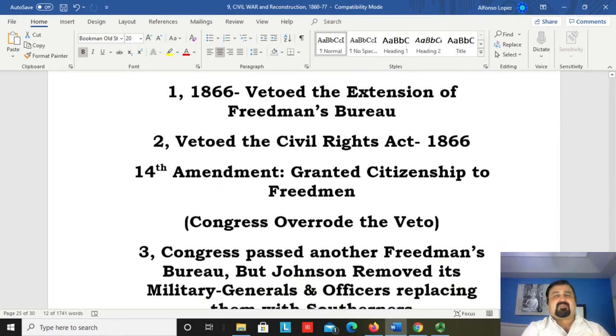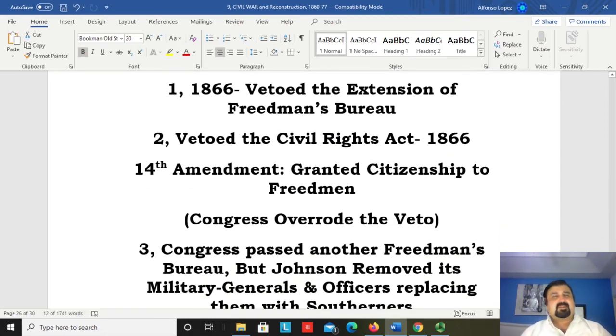Okay, for example, he vetoed the extension of the Freedmen's Bureau. Johnson was no supporter of the Bureau, that's for sure. But when the Bureau was trying to renew its lifespan for another year, Congress actually provided the extension.